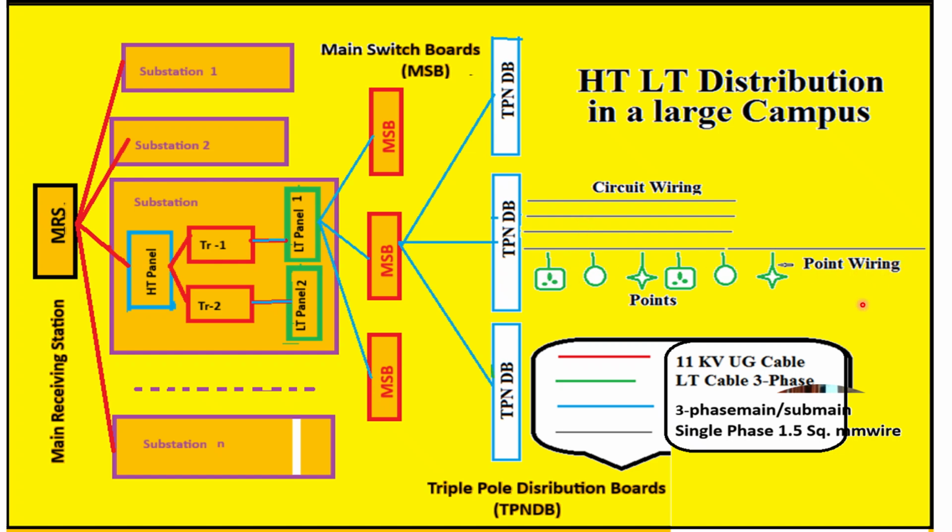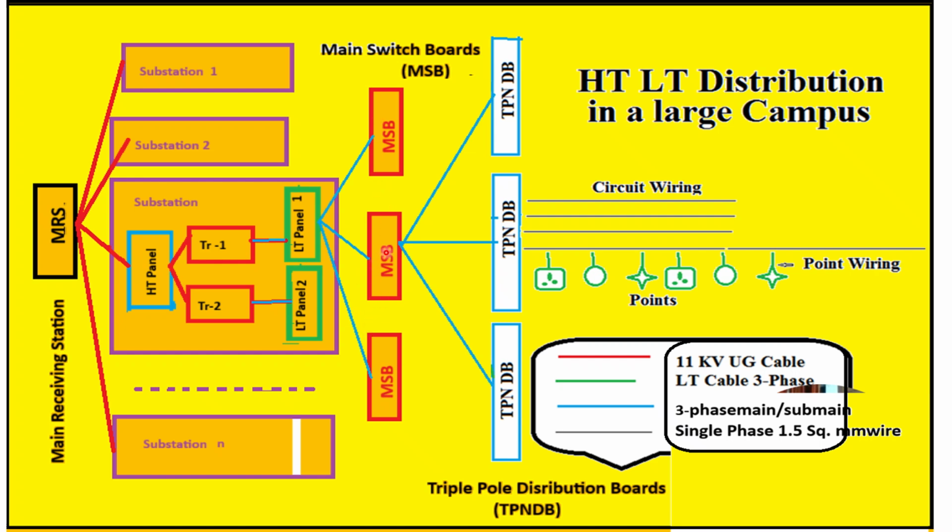So the hierarchy is like this: electrical point, then electrical circuit, then electrical distribution board, the sub-main distribution board, then main distribution board.